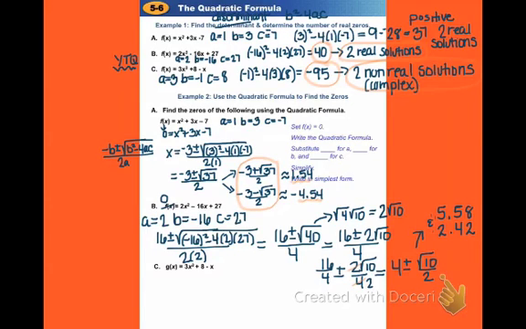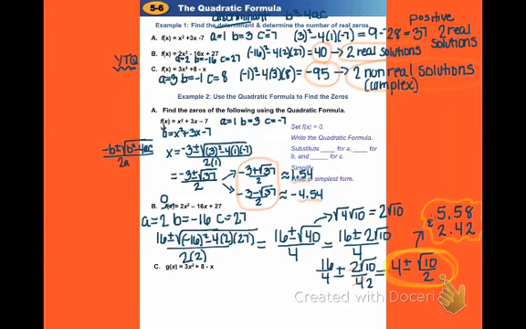So here are my two solutions. They are approximately 5.58 and 2.42, but the best answer to give is the exact solution, which is 4 plus or minus the square root of 10 over 2.